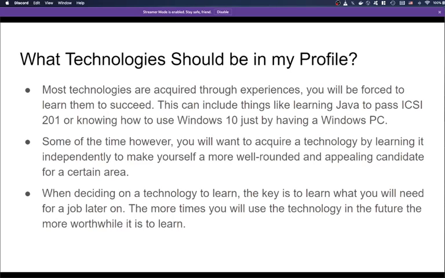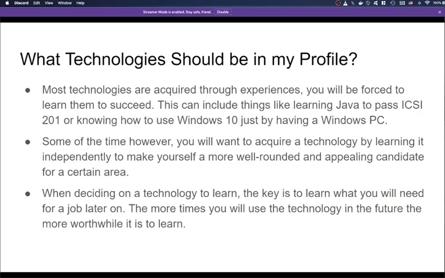So let's move on to which technologies you should actually put in your profile. Most of your technologies are acquired through experiences. You are forced to learn them to succeed. We're talking about things like, they force you to learn Java in CSI 201. Even if you don't want to learn Java, you have to learn Java to pass the class. Or Windows 10 by owning a Windows computer, or Mac if you own a Mac.